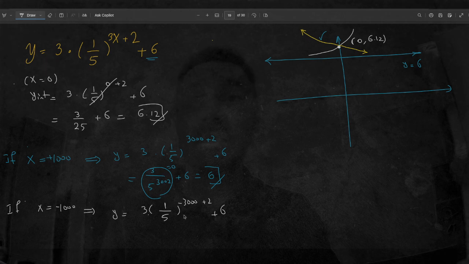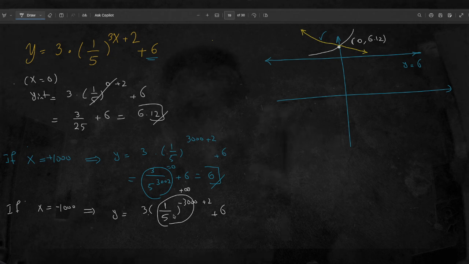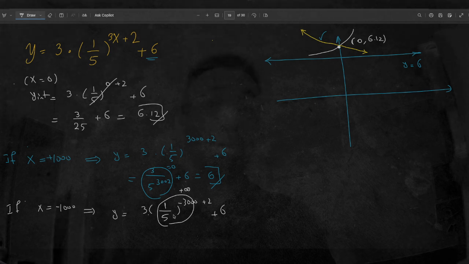Okay, in this case, this value here is a very big positive number. Why? Because it's 1 over 5 to the power of a negative 2998. You have to flip it, so it's going to be 5 to the power of a positive exponent, 2998. So it's going to be a very big number.